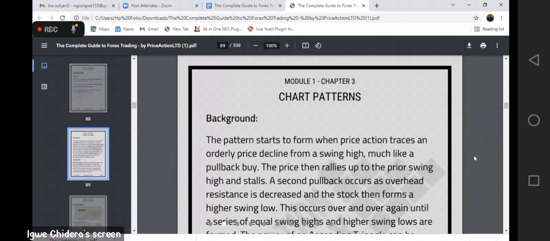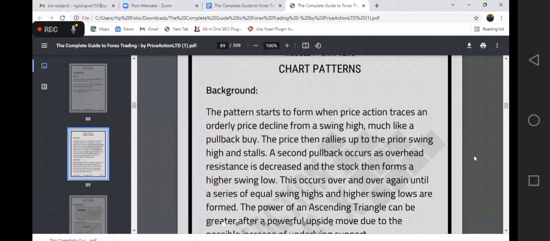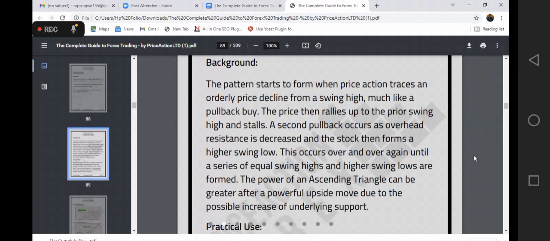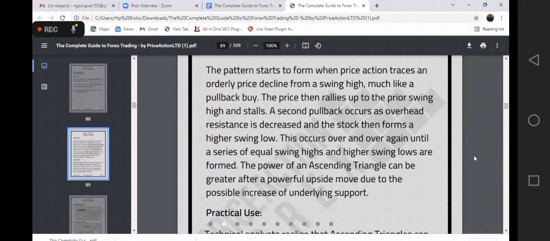The price then rallies up to a prior swing high and stalls. The second pullback occurs as overhead resistance is decreased and the stop then forms a higher swing low. This occurs over and over again until a series of equal swing highs and higher swing lows are formed.